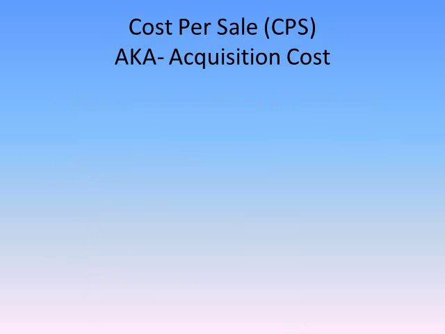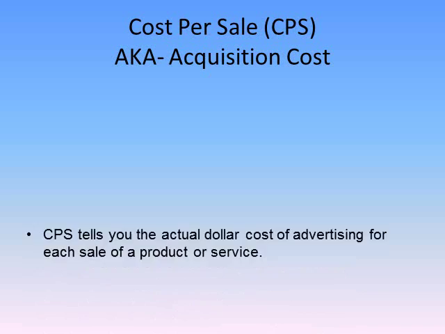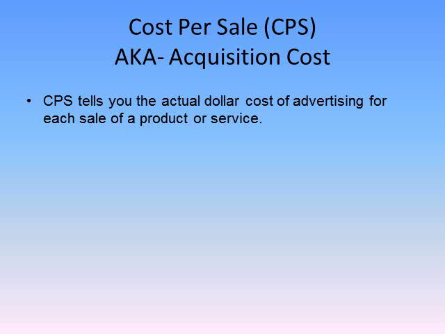Cost per sale is also known as, do you know the acronym AKA? AKA, also known as acquisition cost. And what cost per sale tells you is the actual dollar cost of advertising for a product or a service. Tells you the actual dollar cost of advertising for each sale of a product or service.